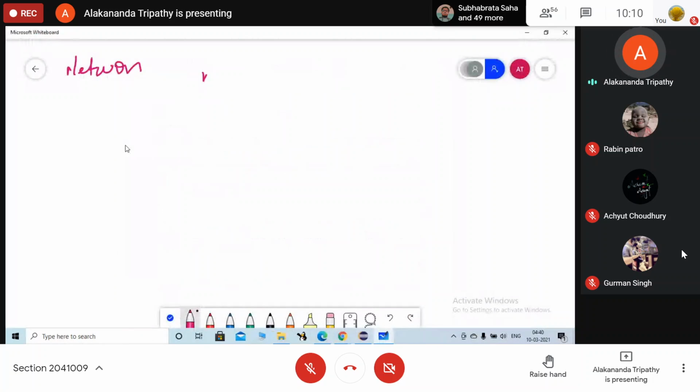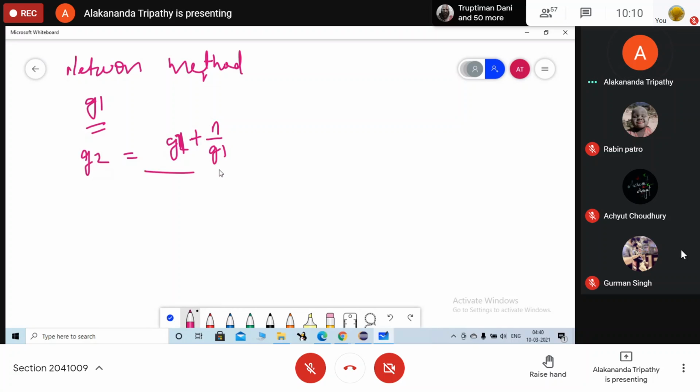So in Newton's method, we are going with the two values G1 and G2. In order to compute the value of G2, we need to write G2 equals G1 plus n by G1, whole divided by 2. Now this is the formula.